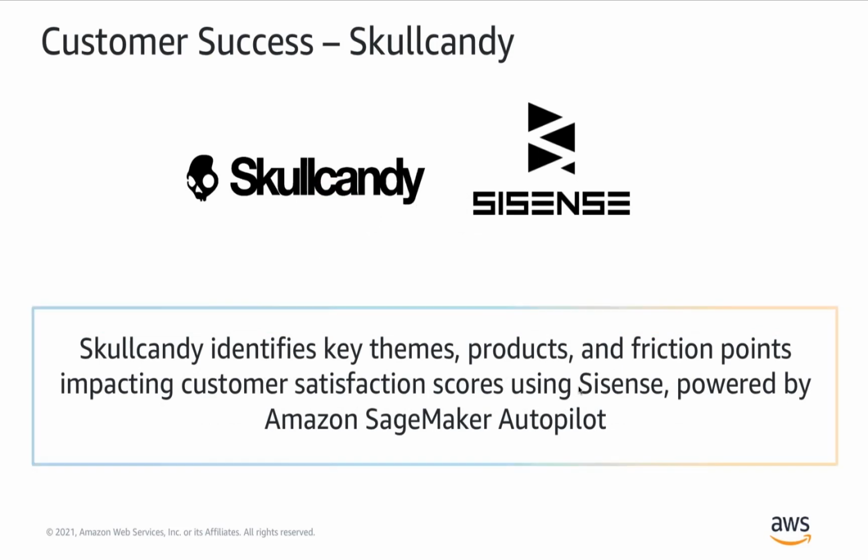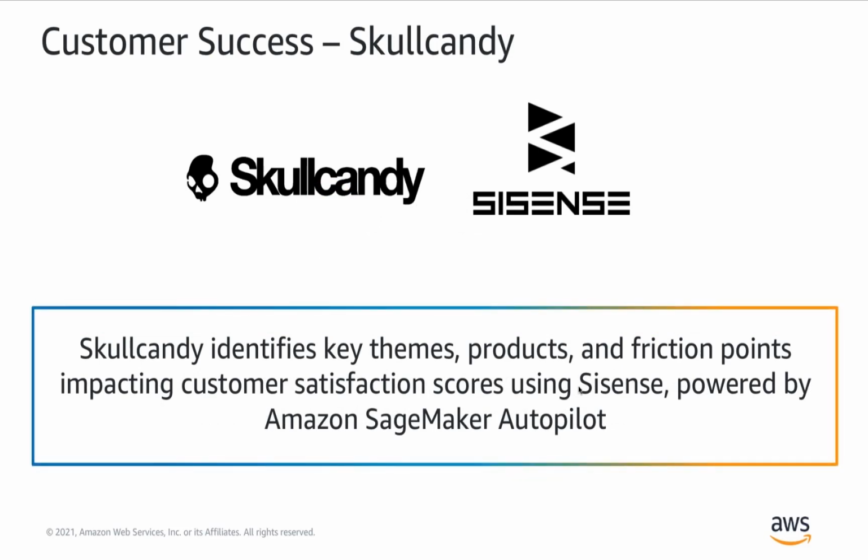And finally, Skullcandy. Skullcandy used Autopilot to essentially stay ahead of the curve during COVID times when they saw a surge in their load, and they were able to use Autopilot to better understand their customer needs and improve how they were handling issues, and in turn improve customer satisfaction.